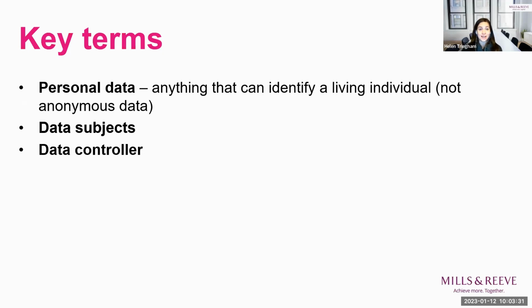So the first key term is personal data, and that's anything that could identify a living individual. So it needs to be about a living person, and that person needs to be identifiable. That means a subject access request can't be made on behalf of a person who has passed away, as their data no longer constitutes personal data under the UK GDPR.